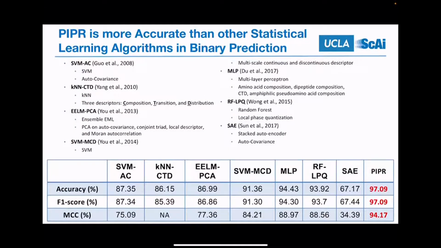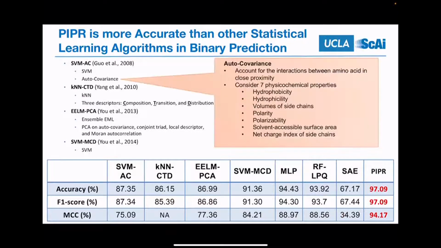Now we move to comparing with the more traditional approaches. I mentioned before that traditional statistical learning approaches require sophisticated feature engineering, and you can see that several of these approaches use features of autocovariance of the physicochemical properties of the amino acids and the proteins.